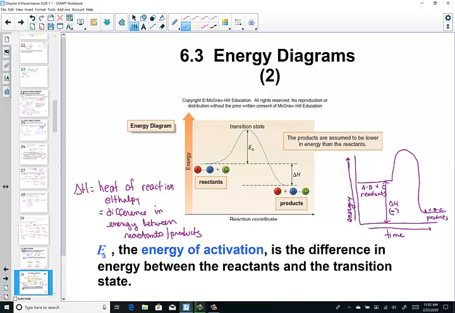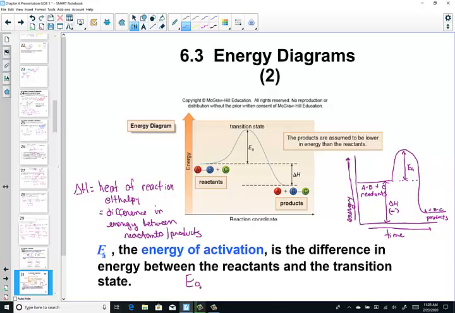The other part I wanted to be sure to label is what we refer to as the activation energy. And so where the reactants start, to the top of this energy barrier, label that section E sub A. And tell yourself E sub A represents the term activation energy.